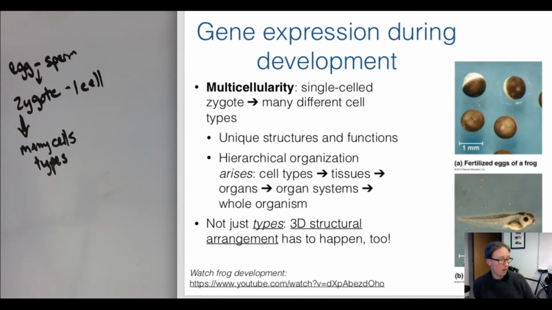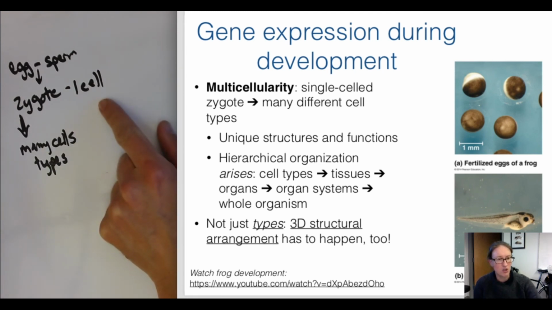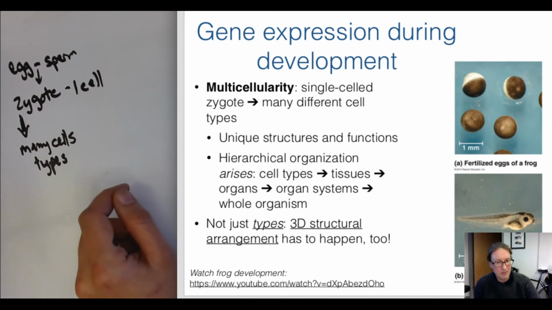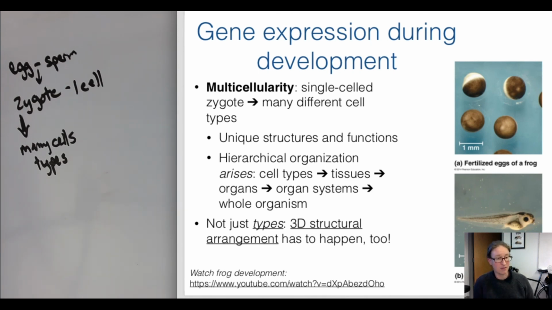And if you think about a multicellular organism such as yourself or myself, or as shown here, a frog, all the cells in our bodies have a wide range of different structures and functions. And over the course of development, a hierarchical organization also arises. So we go from this one cell state to suddenly having different cell types and different tissues and different organs and different organ systems and entire organisms.